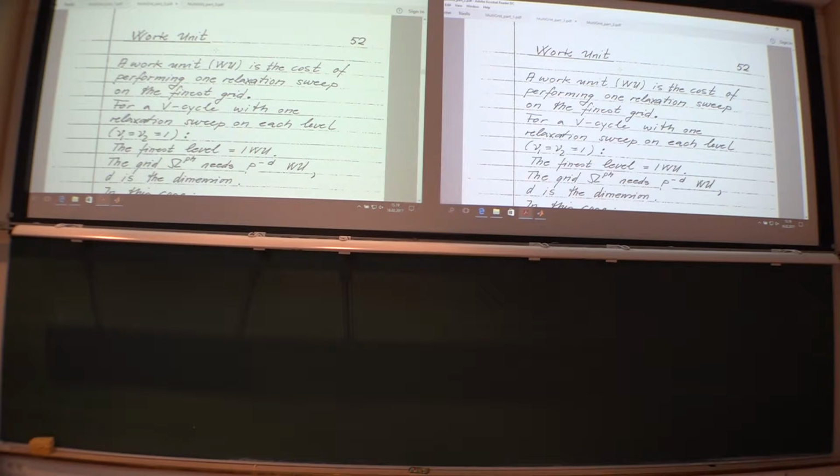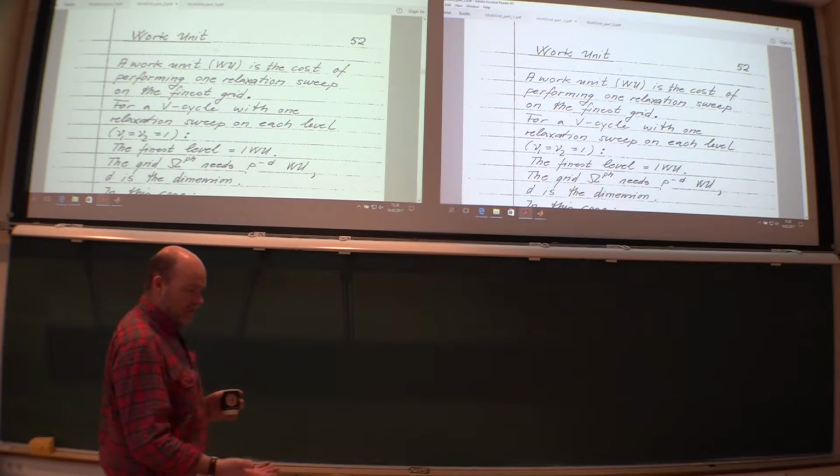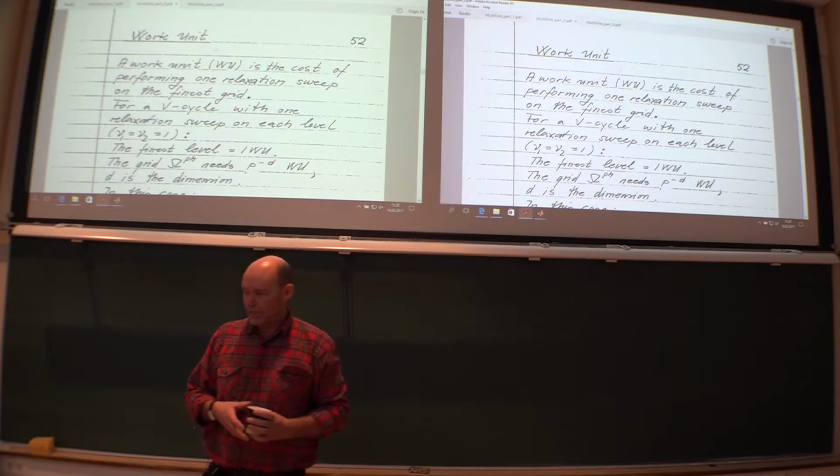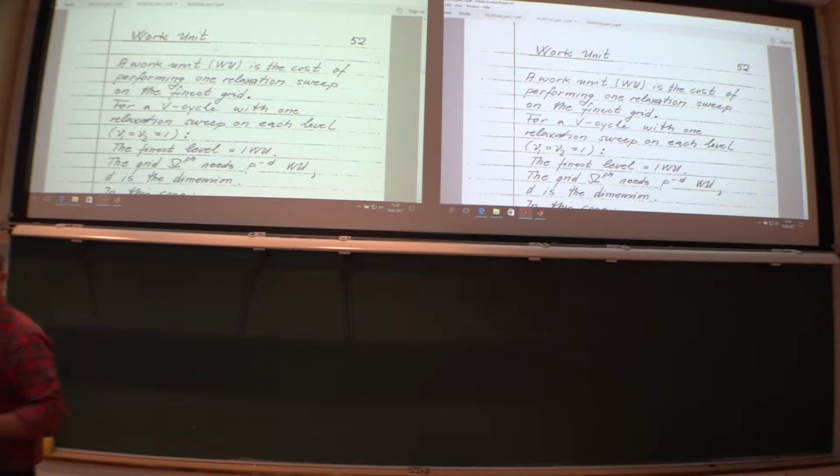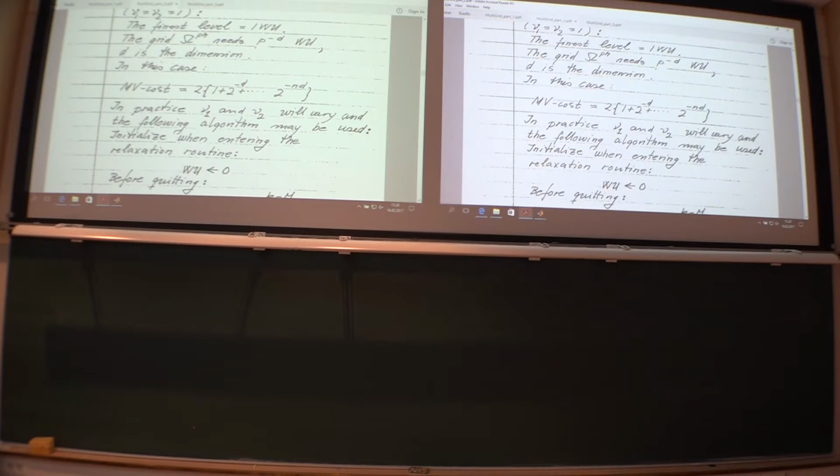And the definition for a work unit is one iteration on the finest mesh. So that means in a one-dimensional problem, the coarse mesh has only half as many points. Then one iteration will be 1/2 work unit, and so on. So then it's easier to calculate, okay, how many operations in total is then required to do, say, a V cycle or whatever. So work unit, that's the amount of operations needed to perform a V cycle, whatever.